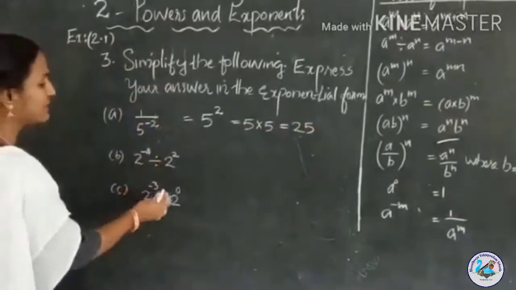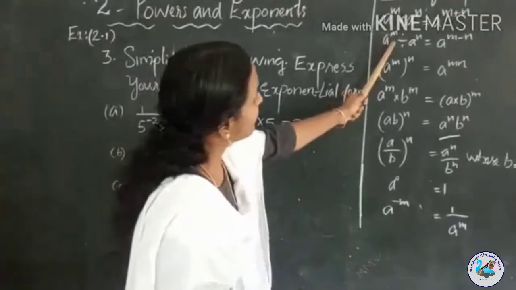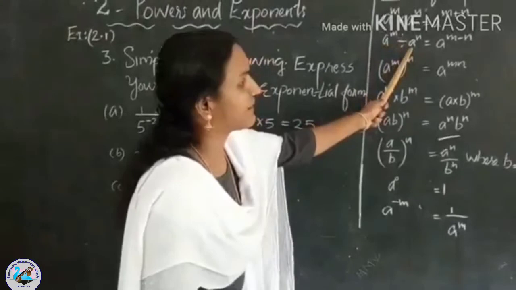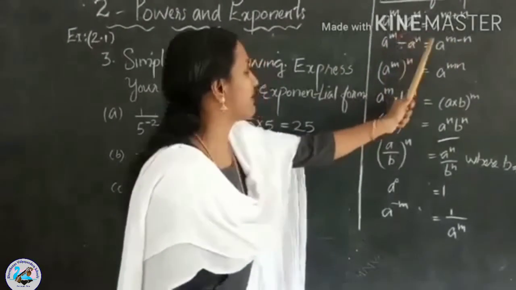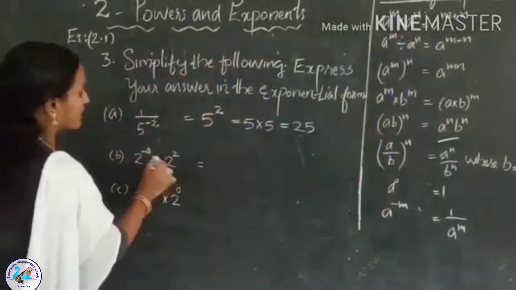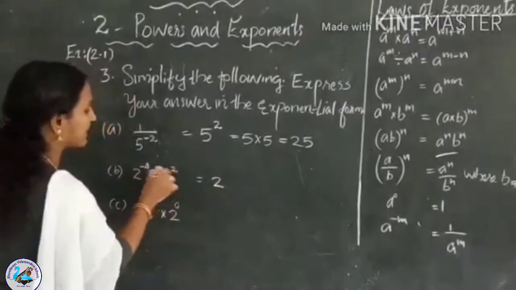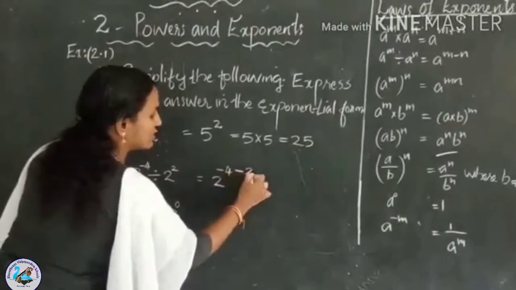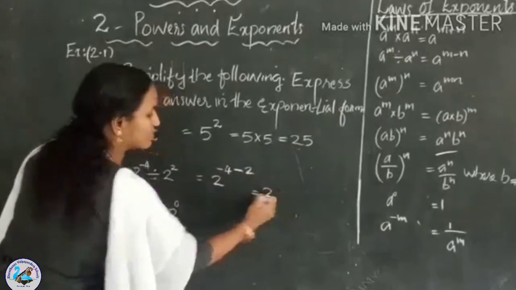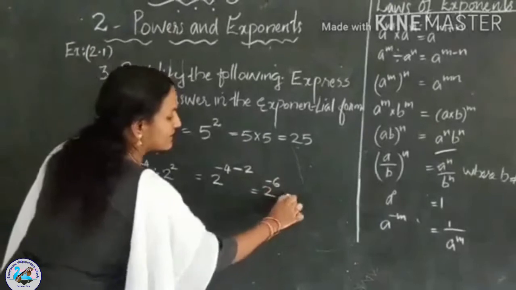The next question, 2 raised to minus 4 divided by 2 square. Which formula? A power m divided by a power n is equal to a power m minus n. Bases are same. Subtract the powers. 2 power minus 4 divided by 2 square is 2 raised to minus 4 minus 2, which is 2 raised to minus 6.